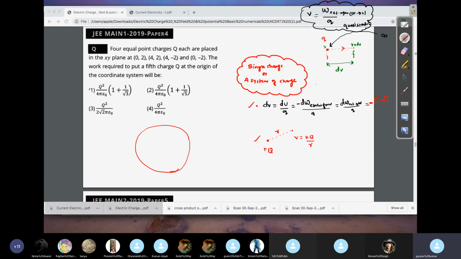Why am I giving this example? Just to make you understand the exact meaning of potential. So let's say you have a spherical shell here. The diagram is not coming properly.